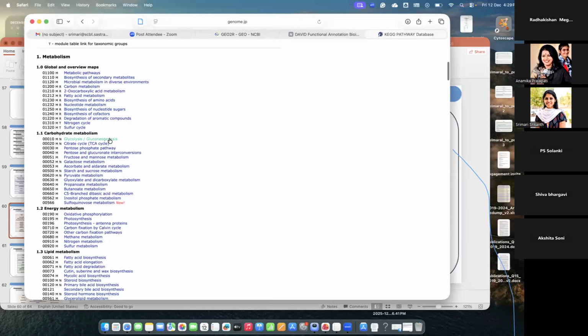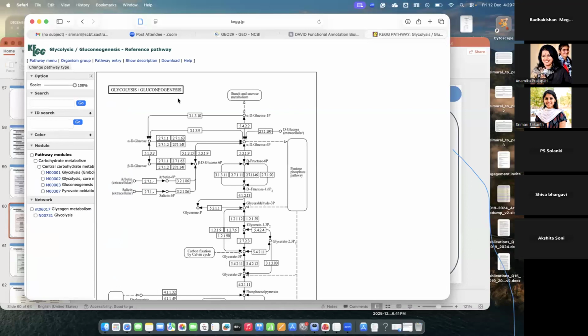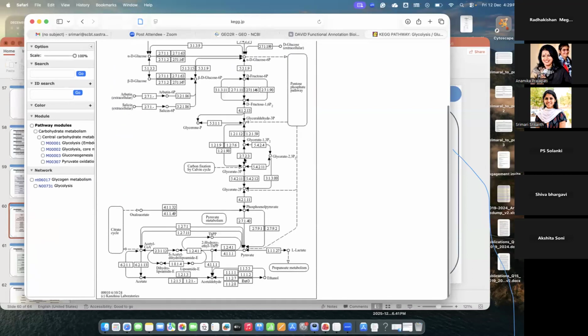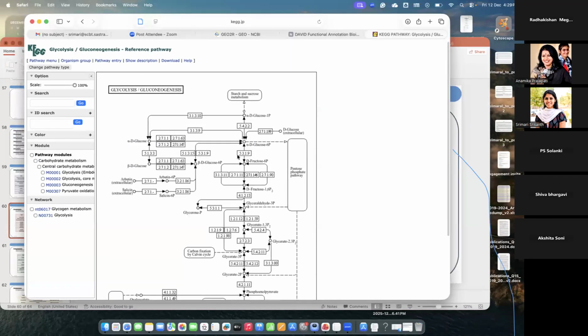For example, if I take glycolysis, again, they curate this from experimental data sets. So if we really want to know in which pathway our gene or protein occurs, we can use the KEGG pathway database.